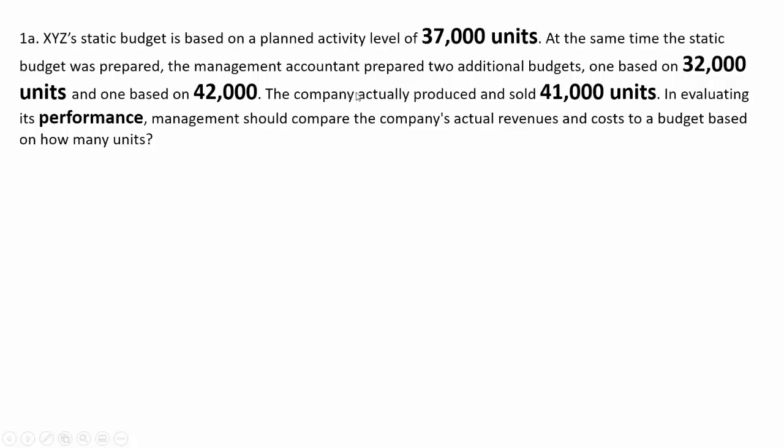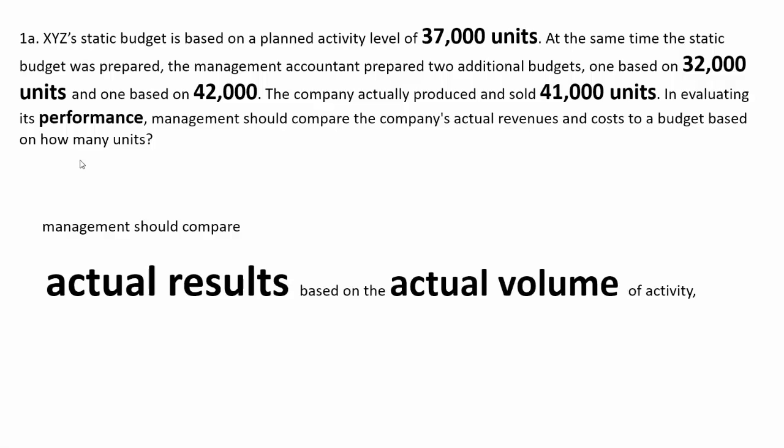The company actually produced and sold 41,000 units. So in evaluating its performance, management should compare the company's actual revenues and costs to a budget based on how many units? Well, the answer is management should compare actual results based on the actual volume of activity, which in this case would be 41,000 units.